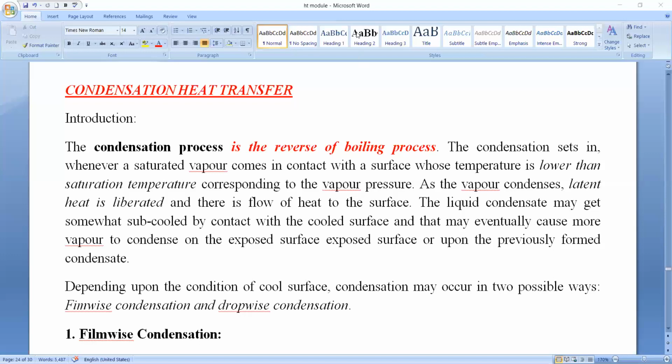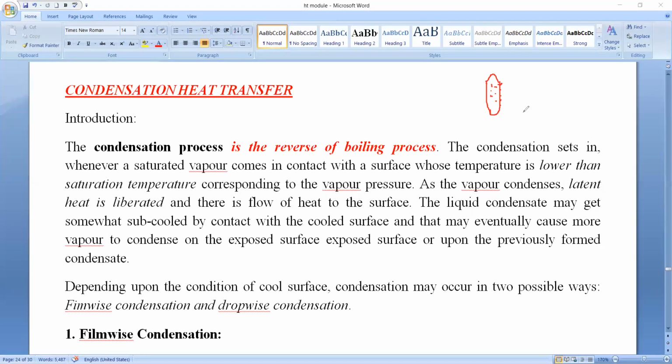Now, if we consider a bottle of cool drinks, this is the cool drinks bottle. If this cool drink bottle is taken out from the refrigerator, then after a few seconds, you can find small droplets of water over the surface of this bottle.